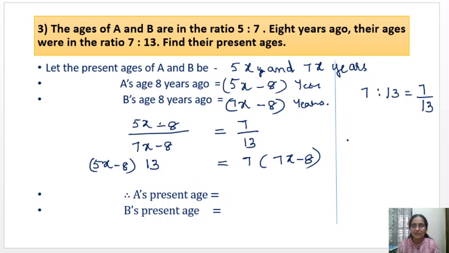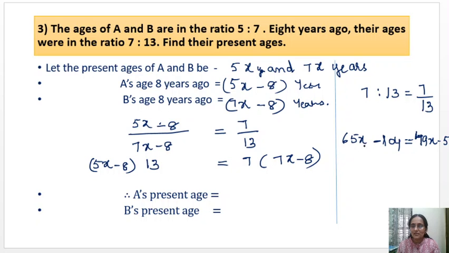Open the bracket. It is 65x minus 13 8s are 104 equals 49x minus 56.